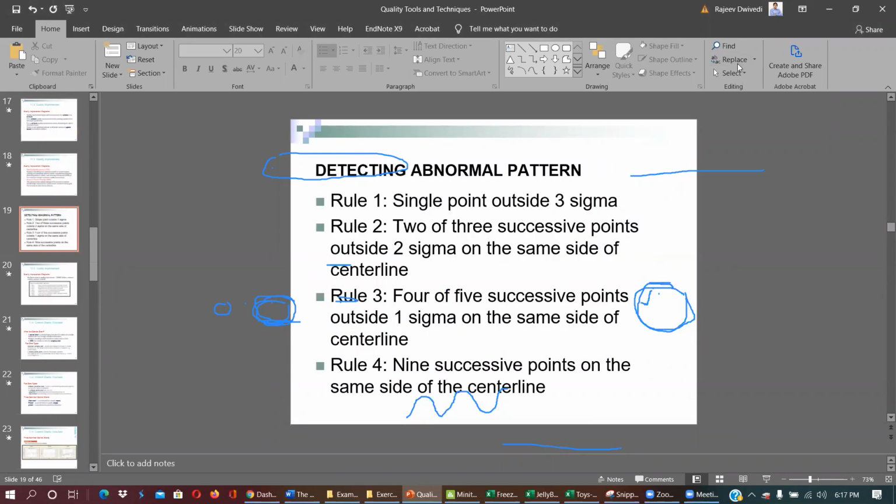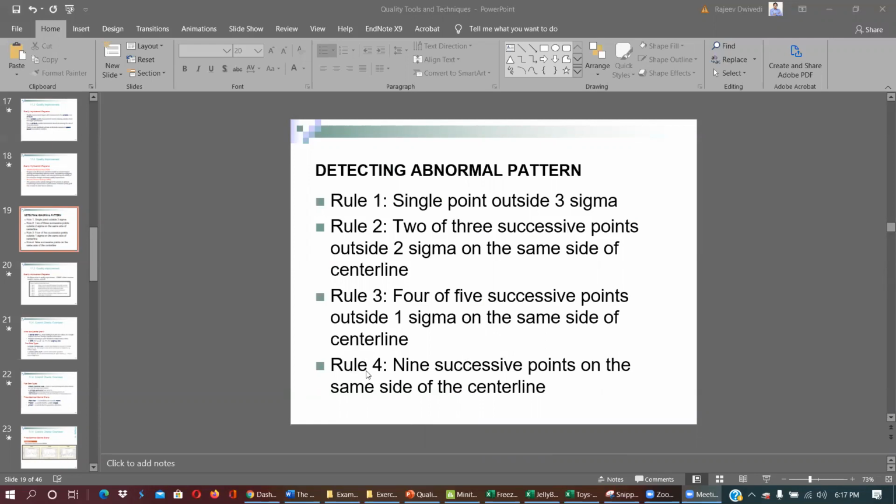These are the 4 rules that we have. Number 1, single point outside 3 sigma. Number 2, 2 of 3 successive points outside 2 sigma on the same side of the central line. Number 3, 4 of the 5 successive points outside 1 sigma on the same side of the central line.